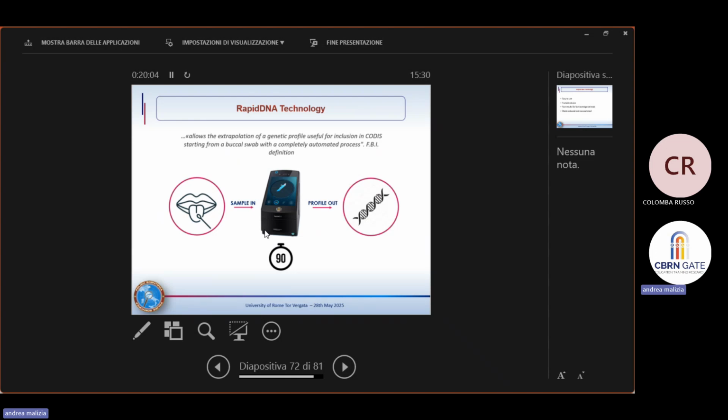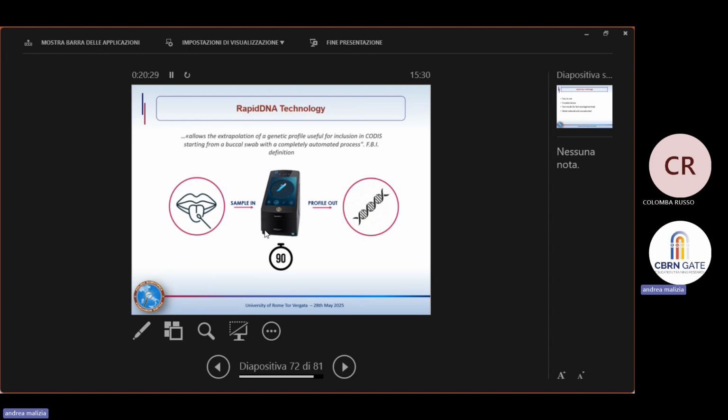This device can be really important for many aspects, one of which is as an investigative lead. Consider a scene of crime where you want to have an answer quickly, and you can use this kind of device.